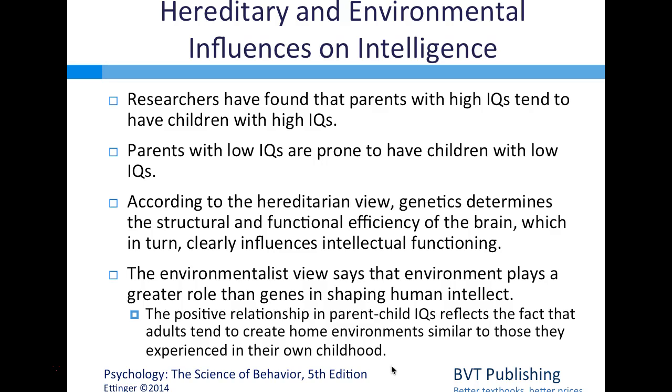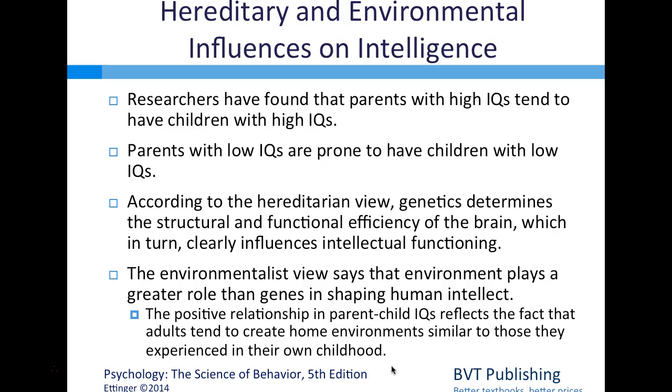Okay, so as you can imagine, a question comes up when discussing intelligence about whether it is linked more to heredity or environment. Researchers have found that parents with high IQs tend to have children with high IQs, and parents with low IQs are prone to have children with low IQs.